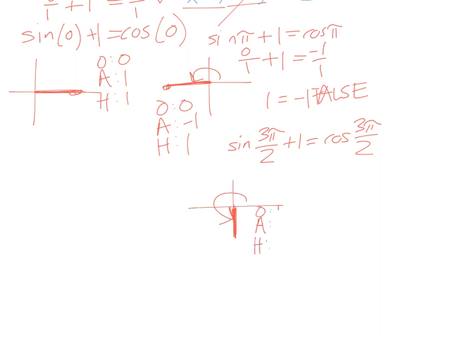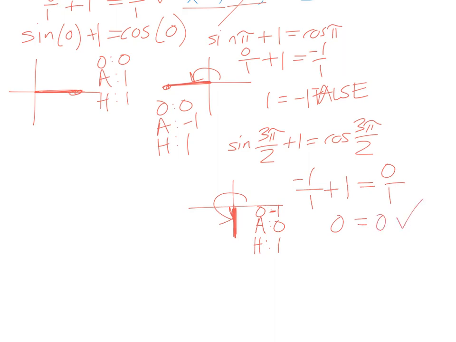My opposite will be 1, adjacent 0. Actually, opposite's -1. And hypotenuse is 1. So plugging in my values for my trig functions, or obtaining the proper ratio, I get -1 over 1 plus 1, and cosine of 3 pi over 2 is 0 over 1. So from that I get 0 equals 0. That checks off to be true.